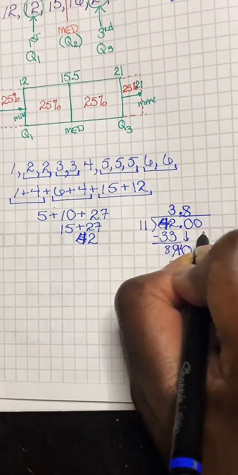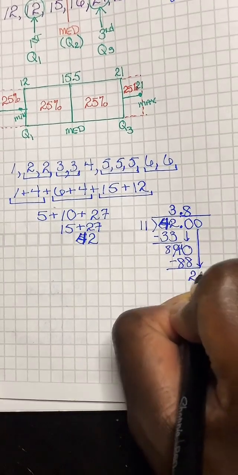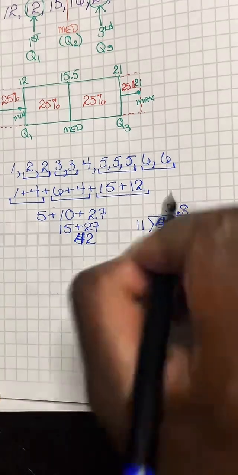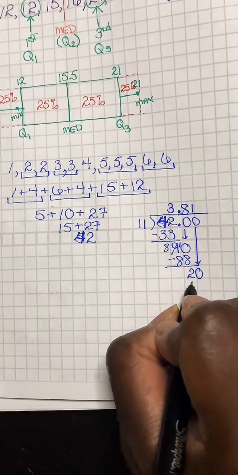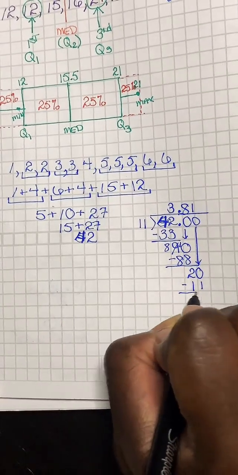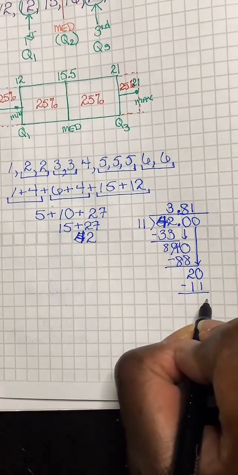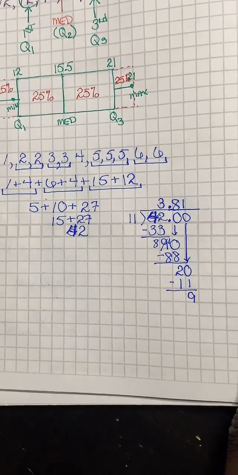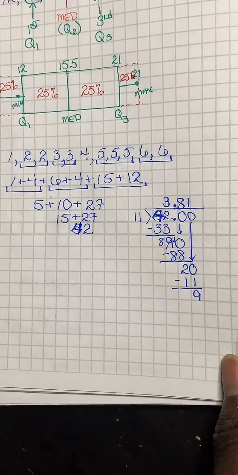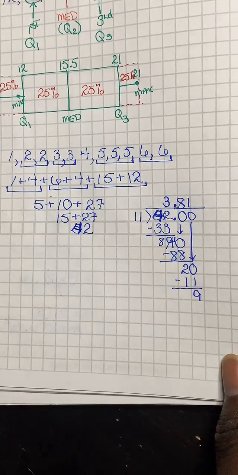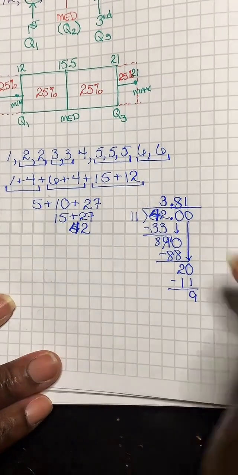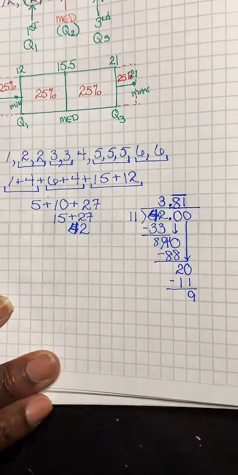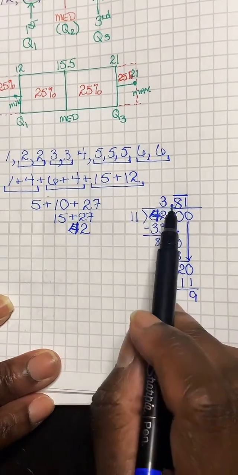If I add another 0 and bring it down, I have 20. 11 goes in once, which gives me my answer of 9 again. And then it's going to start repeating. It's actually going to repeat 8, 1. I'm going to put my little line over top right there, because it's not just repeating the 8 or the 1.